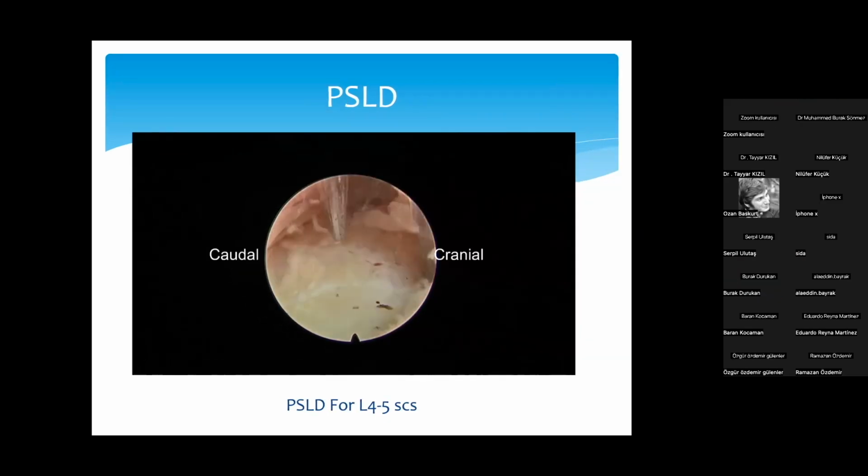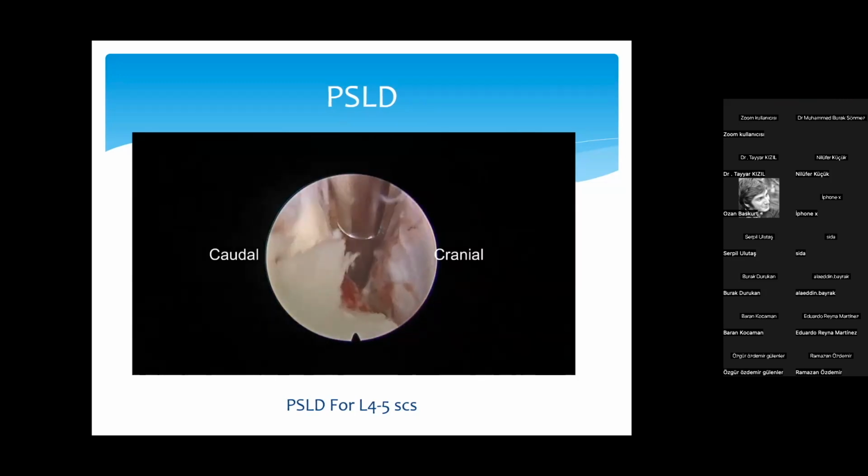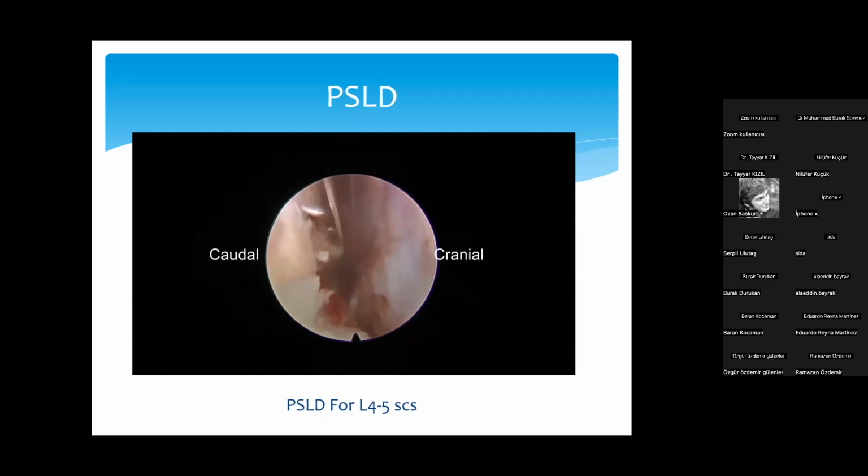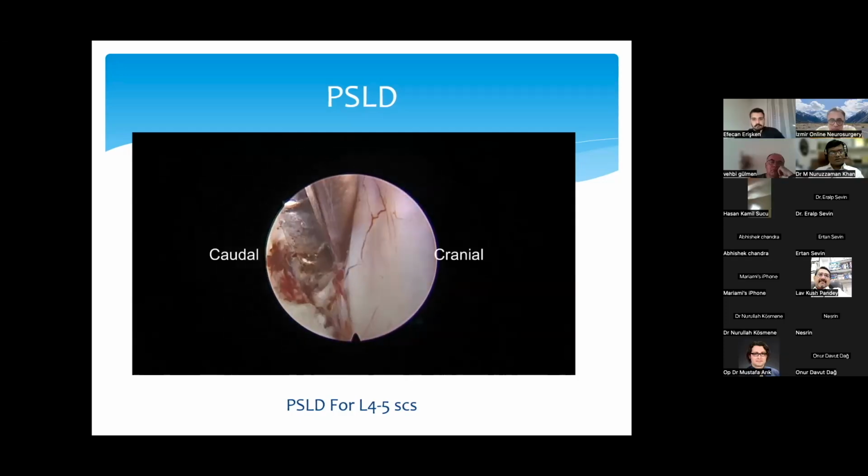Then the opposite side. This is the contralateral side. Radio frequency is used for retracting the dura.